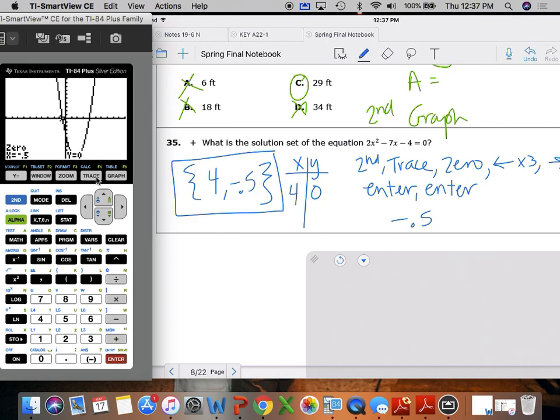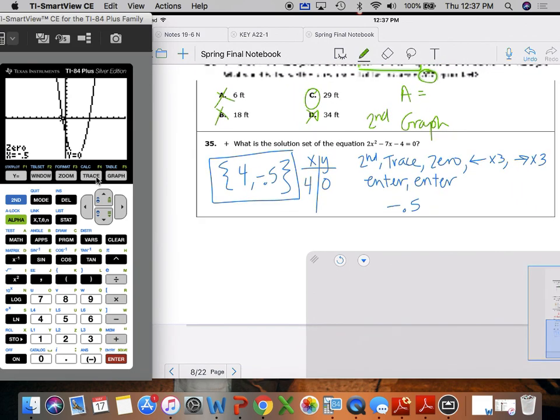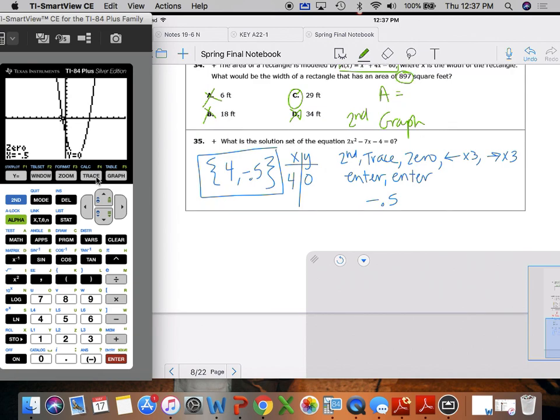So that is my solution set for a negative 1/2. One of the zeros was found by looking at the table. The other 0 was found by doing second trace 0 and finding that 0.